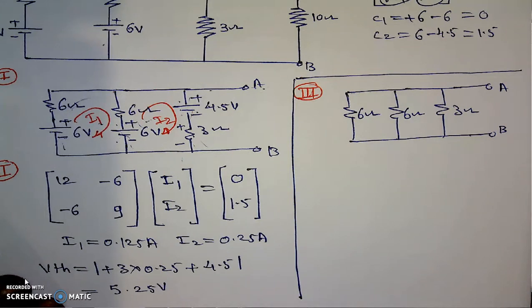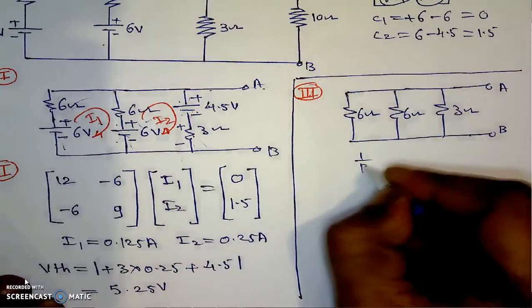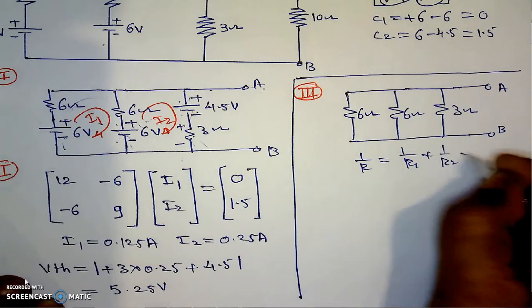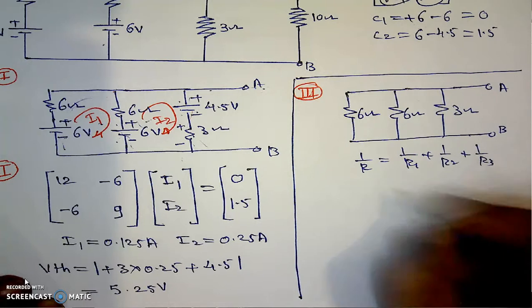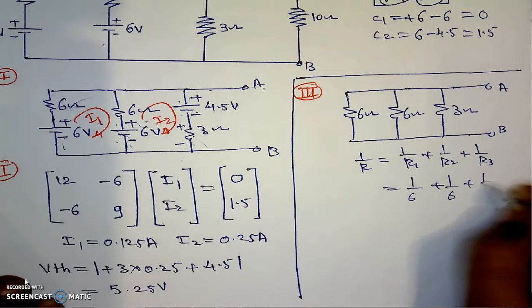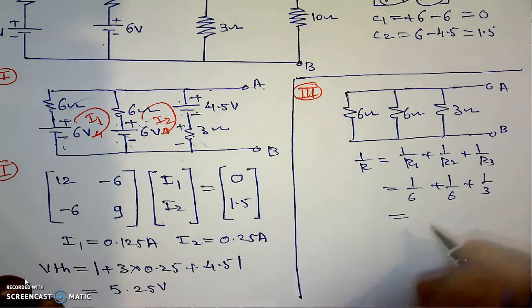Then we can find out its parallel combination at once by using the formula 1 upon R is equal to 1 upon R1 plus 1 upon R2 plus 1 upon R3, which is 1 upon 6 plus 1 upon 6 plus 1 upon 3.